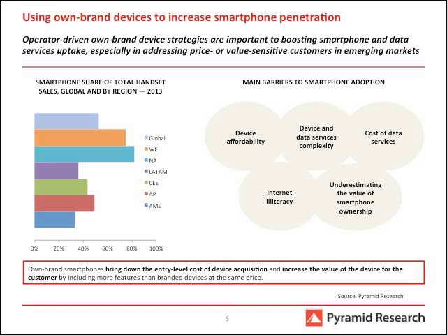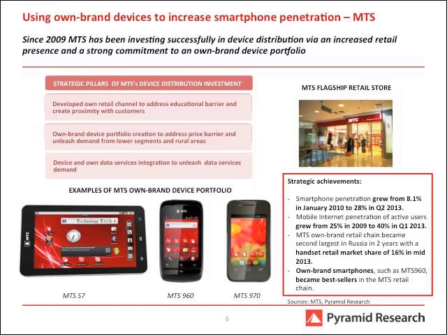So there is a lot of customization which is meant to customize the device so that it would provide more value for money for their customers. And thirdly, very often operators bundle devices and data plans in an affordable manner within their operator-owned brand smartphone strategy. So let's go on to the next slide.